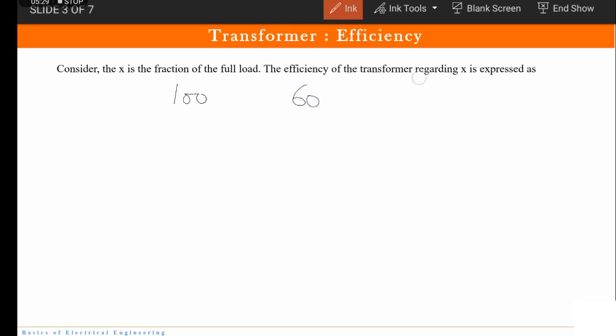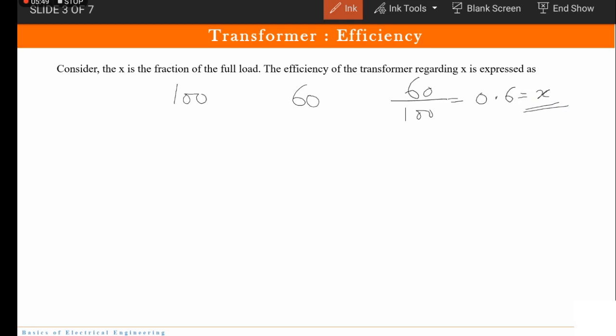So what fraction I am applying? It is 60 upon 100, which becomes 0.6. So this becomes my x. Not always we apply full load condition. So we apply x, which is the fraction of full load.